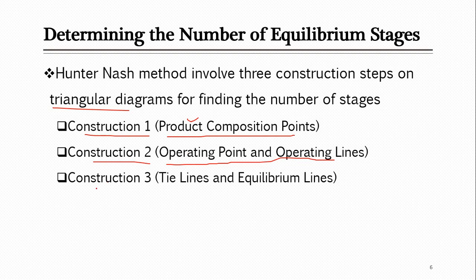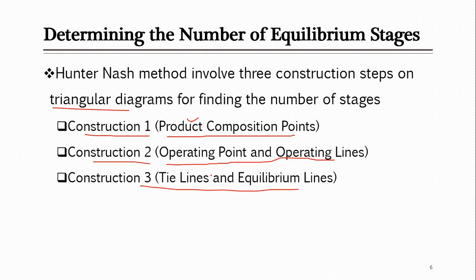Then the third point, construction 3, is about tie lines and equilibrium lines. Usually you know that most of the time we have some data, and we provide the tie lines in triangular diagrams, but there is some method if tie lines are missing, or you have few of the tie lines. In any system you are dealing with, you will have some tie lines, but sometimes you are looking for more tie lines.